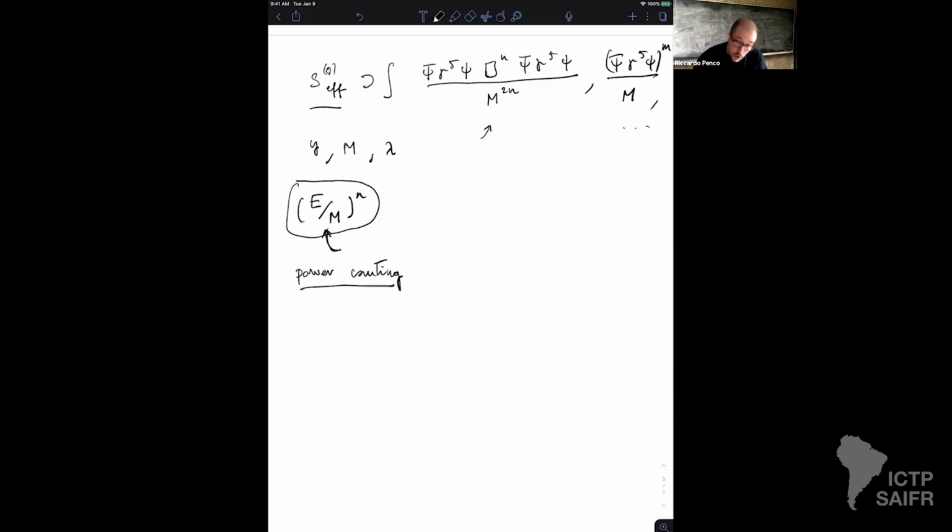We're interested in roughly relativistic fermions, such that their four-momentum components all have roughly the same order. They're of order E. This is to say that a derivative acting on a fermion field, if I think of this fermion field as being a plane wave, essentially is going to scale like E as well.